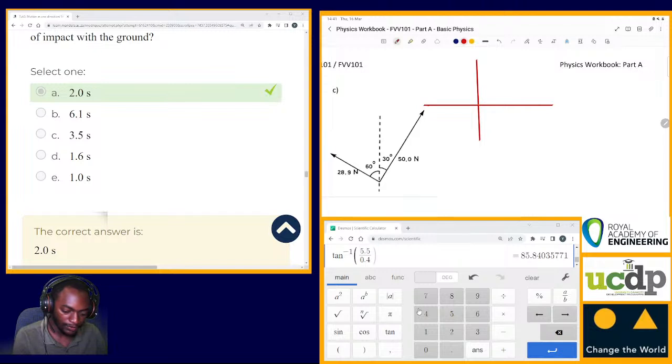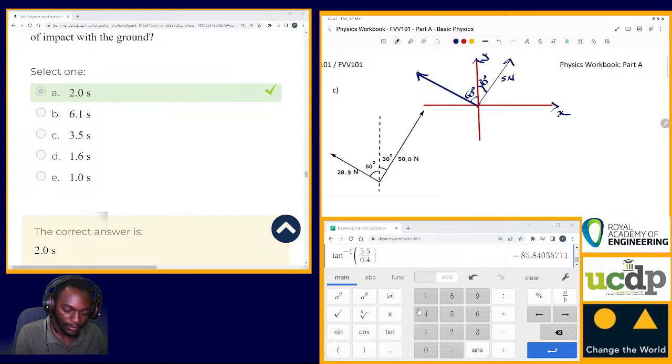There we are. This is 60 degrees, and this is 30 degrees.